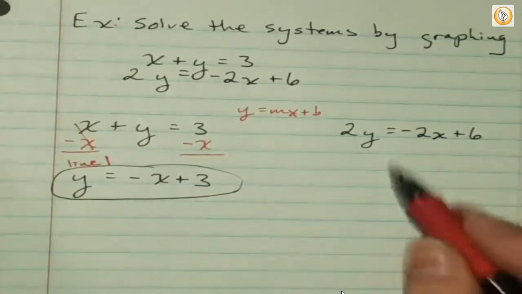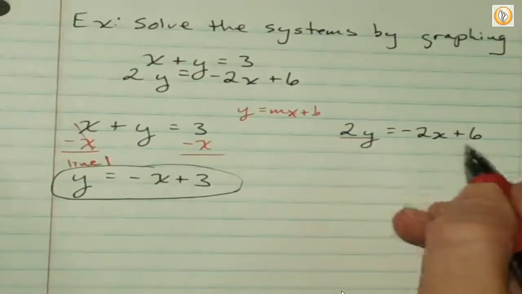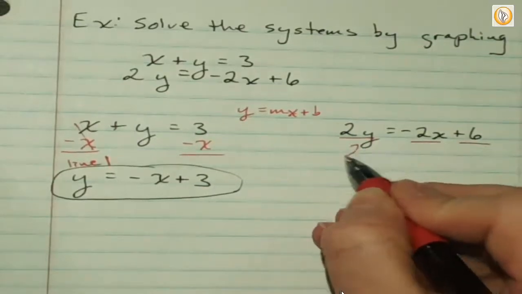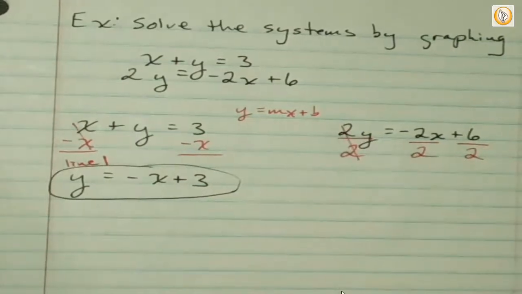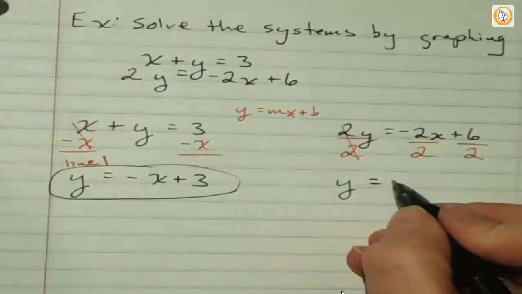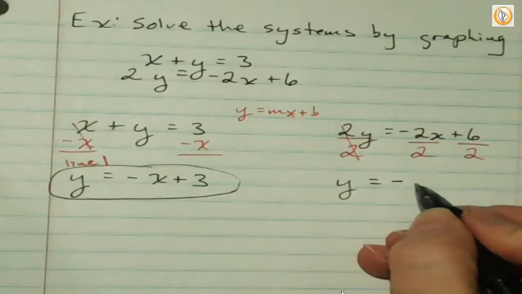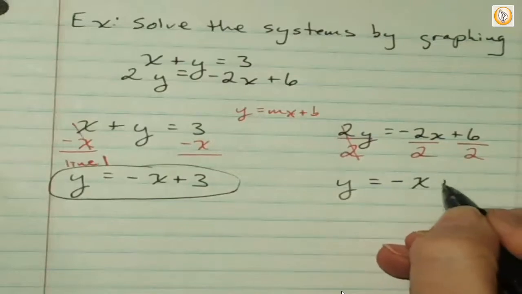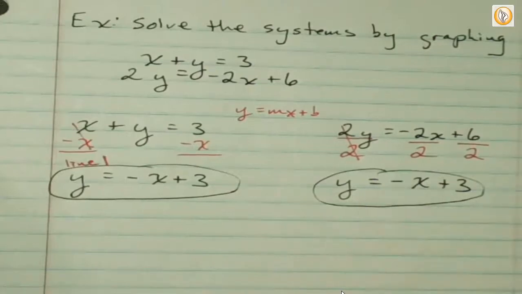Keith, tell me how to put this one. We're going to divide everything by 2. And I'm left with y equals negative x plus 3. Very good. And this is your line 2.